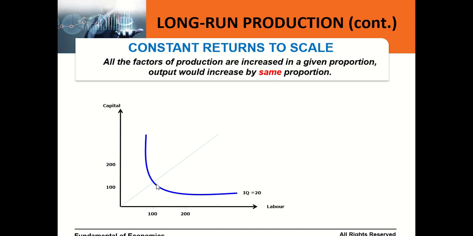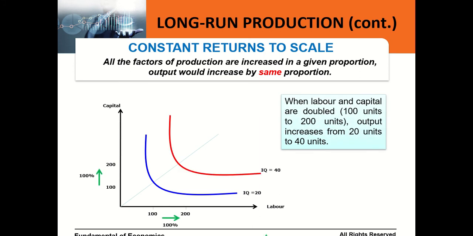Now let's say I double the capital, 100%. The labor increases also by 100%. So the new one will be 200 labor, 200 capital. And what happened here is the output also increased by the same proportion, 100%, 100%. Output increased by the same proportion as the input. That's why it is called constant return to scale.